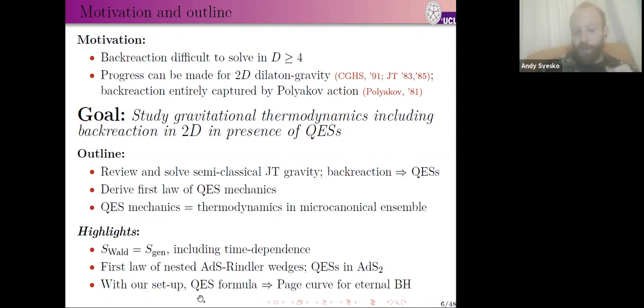And lastly, if there's time, with essentially our setup, we can use the QES formula to derive a Page curve for the eternal black hole. Okay, so that's essentially the main outline. And now I'm just gonna go to town. But if you have questions along the way, do ask.